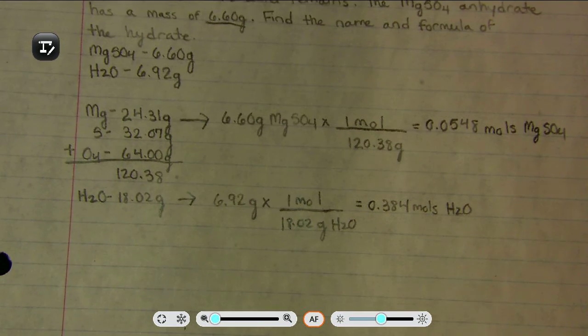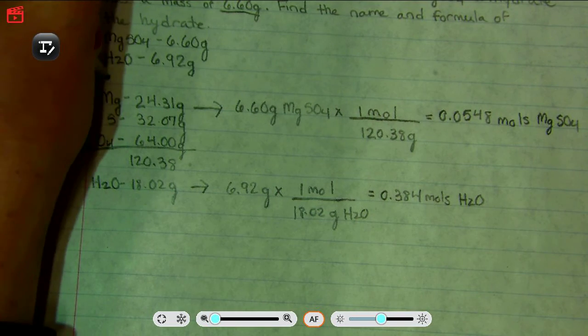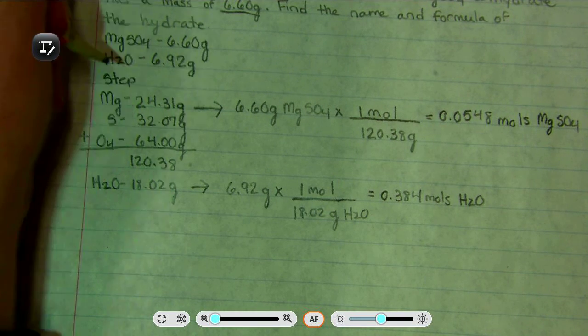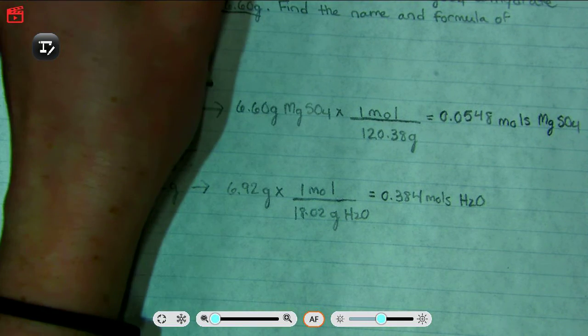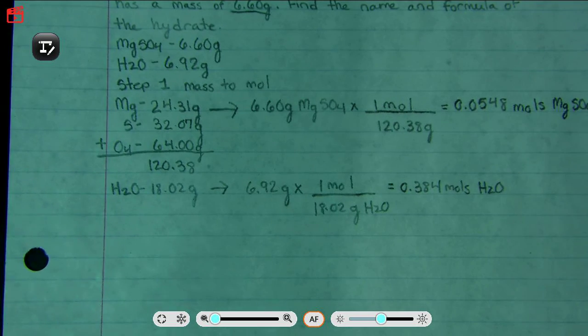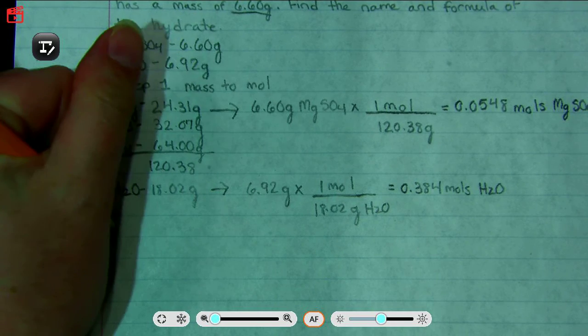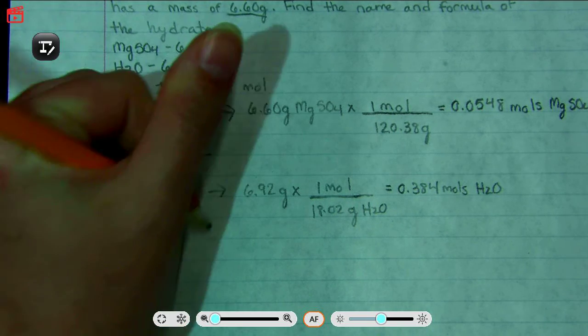So right now our mole ratio, so I'm going to write step 1 mass. Step 1 is mass to mole. Step 2 is going to be divide by small.